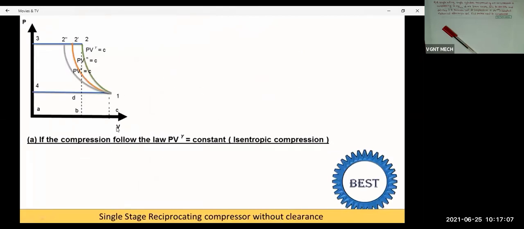Now we find out the work done for this isentropic compression process. Isentropic compression means PV^gamma is equal to constant. This is the PV diagram that we already know.